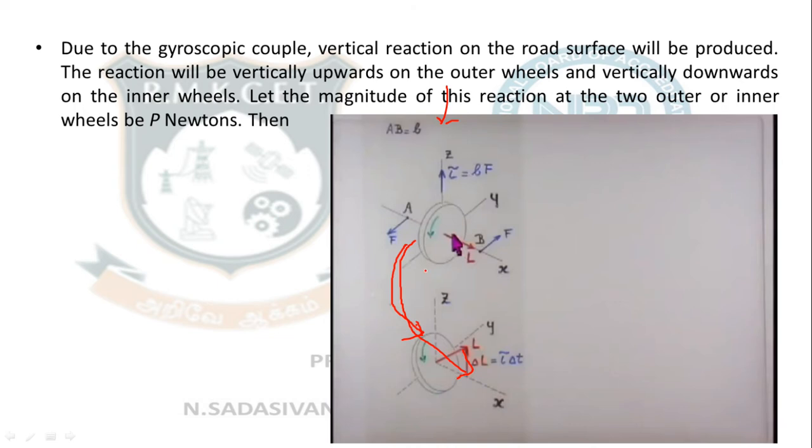Therefore angular momentum will point towards the viewer. If you look from the top and a car is taking a left turn, it is anti-clockwise. You just imagine that. Okay, so then also your angular momentum will point towards you for that active couple that you apply. The driver is turning the steering wheel so that the car takes a turn. That is the effort the driver gives, which is your active couple.